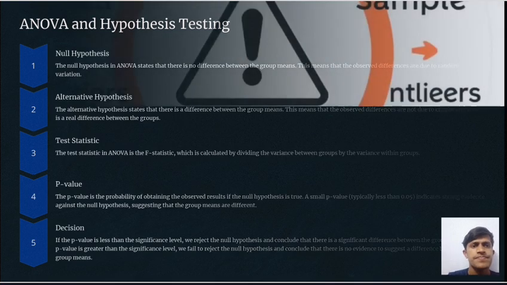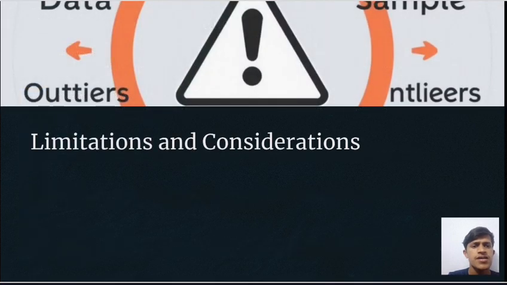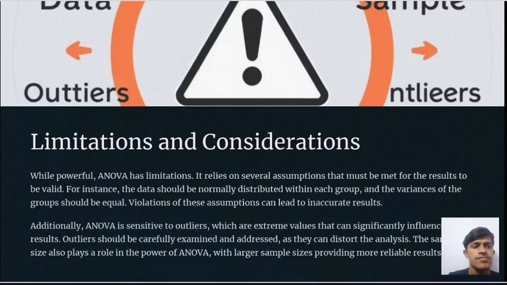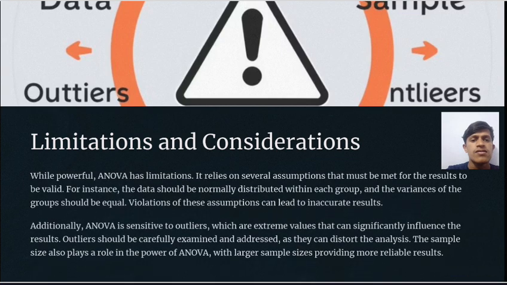Next, limitations and considerations. While powerful, ANOVA has limitations. It relies on several assumptions that must be met for the results to be valid. For instance, the data should be normally distributed within each group and the variances of the groups should be equal.